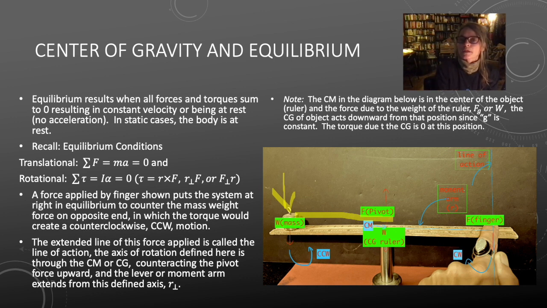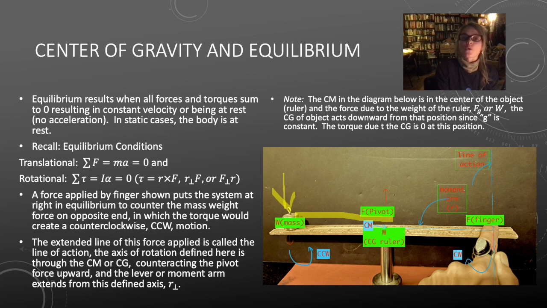The torque will be clockwise. What we call the line of action is where you apply the force, and that line of action will always be perpendicular to your lever arm. Some important ideas here.